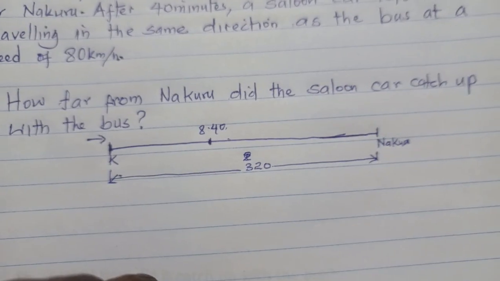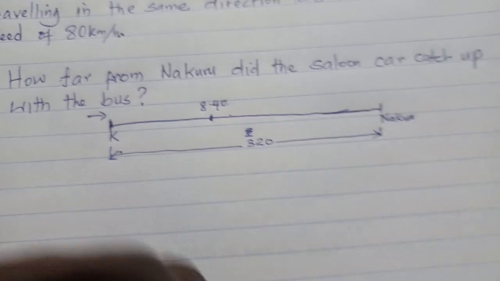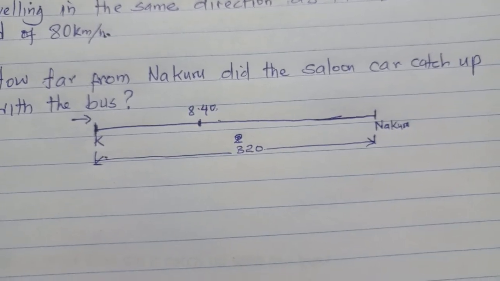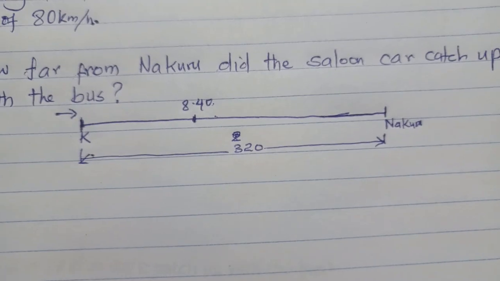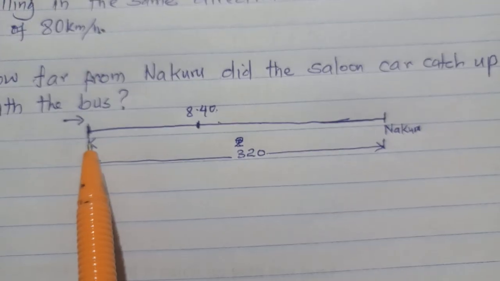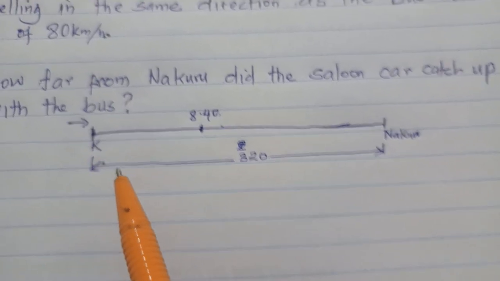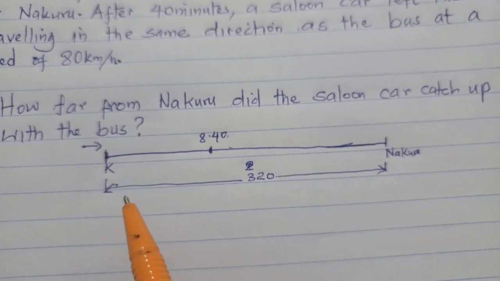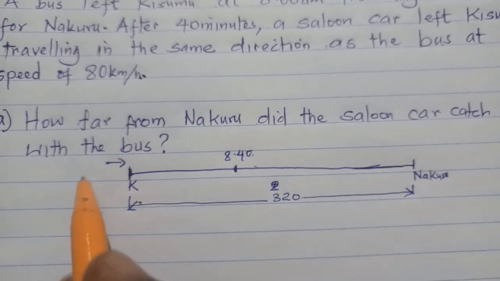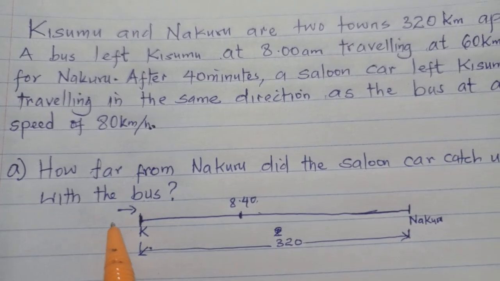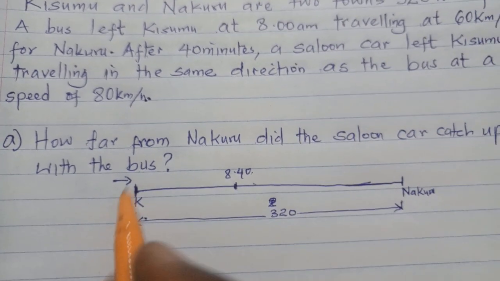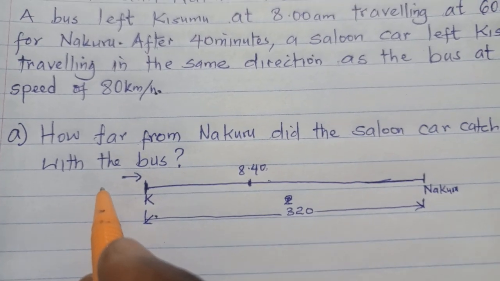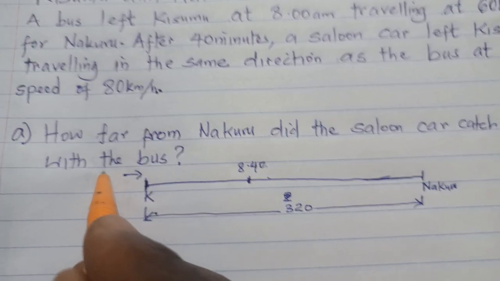Let's start with the first part. Now, as I earlier advised in the previous clip, what you need to do is just draw a sketch to represent what you have. In this case, we have the bus and the car leaving Kisumu for Nakuru, though at different times.